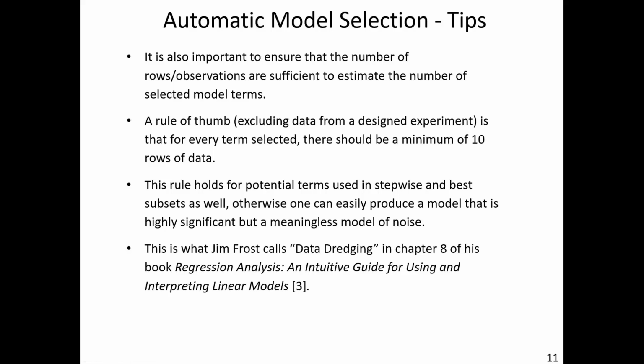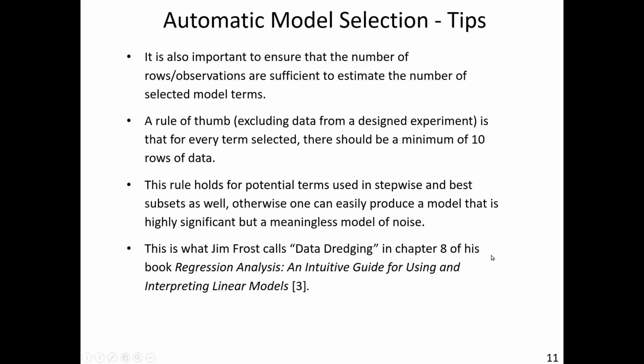5 might be okay, but especially when there are fewer observations than terms, you can very easily build models that are just noise. This is something that Jim Frost calls data dredging in his book, Regression Analysis: An Intuitive Guide for Using and Interpreting Linear Models.